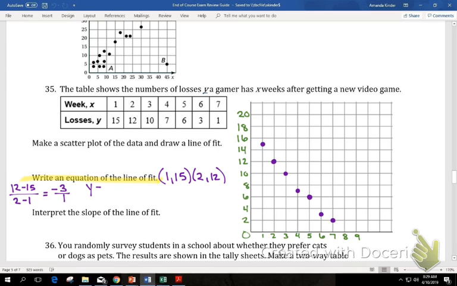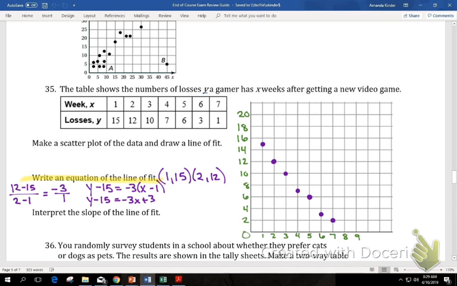Y minus, what is the y1 value from the first ordered pair? 15 equals m times x minus what's x1 from the first ordered pair? All right, now go ahead and finish writing your equation. Okay, distribute the -3. Y minus 15 equals -3x plus 3.